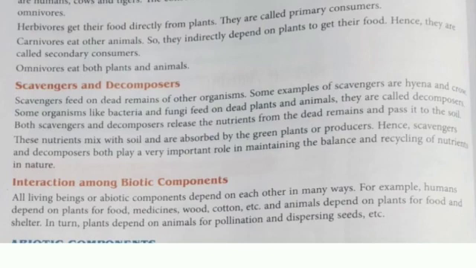But in turn, plants depend on animals for pollination and dispersal of seeds, which is also very important for plants. So they interact or they help each other among biotic components. These are among all living organisms, plants and animals and human beings.